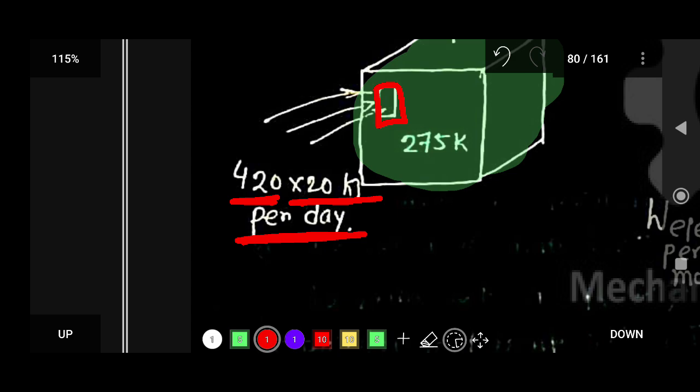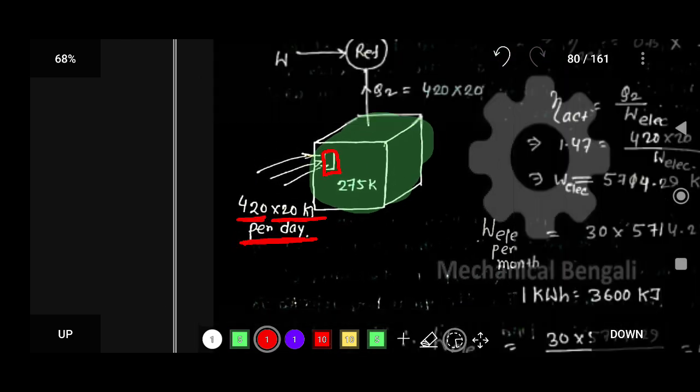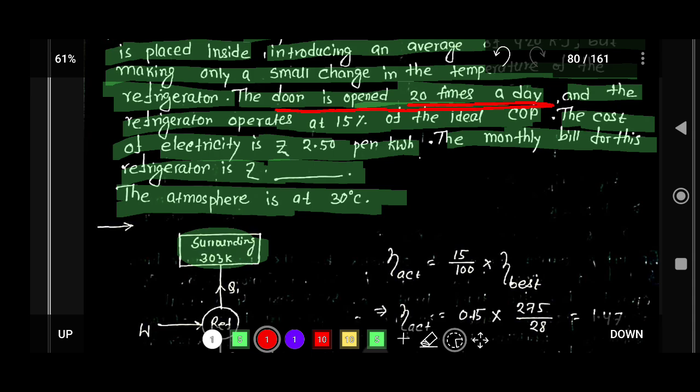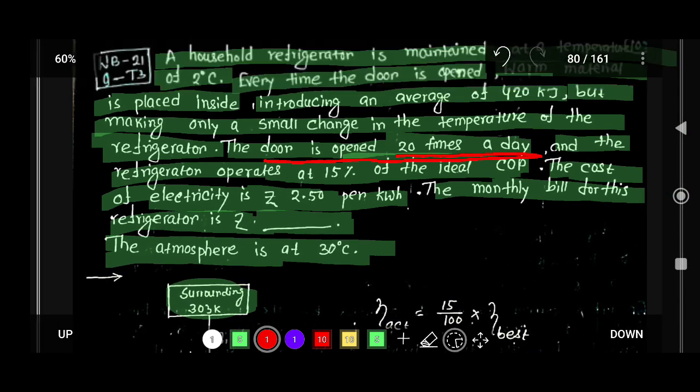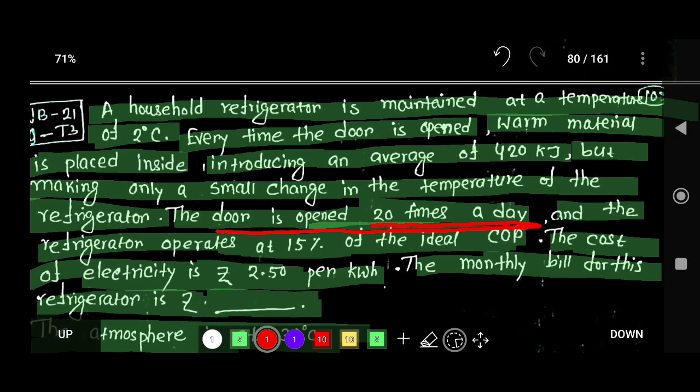In the question it is given that warm material is placed inside, introducing an average of 420 kilojoule of heat to the storage space, and this happens 20 times, so 20 is multiplied by 420.